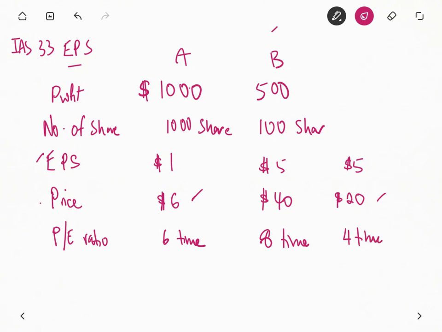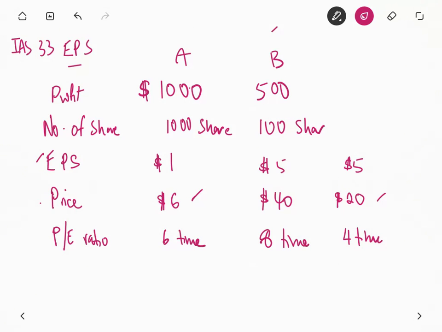Actually, this $20 is cheaper than the $6, so I would invest in this $20. So in investor ratios, we look at whether to invest. We look at the earning per share, we look at the price, we look at the P/E. So we have a standard on earning per share for this particular ratio.